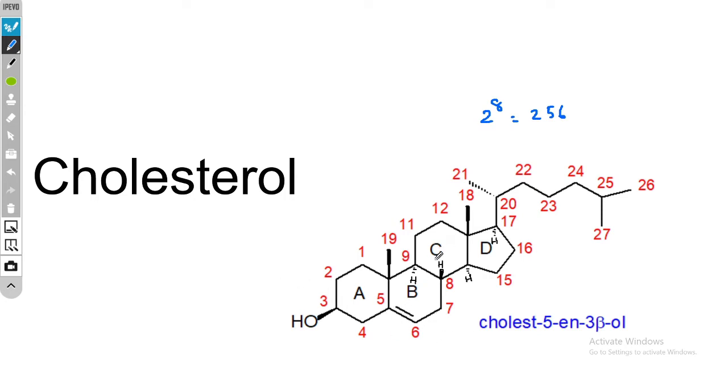He synthesized first ring C, then CD, then B, C, D was prepared, then the whole A, B, C, D ring was prepared. This is the synthetic pathway of the Woodward synthesis of cholesterol. So let us see the details of the preparation method.